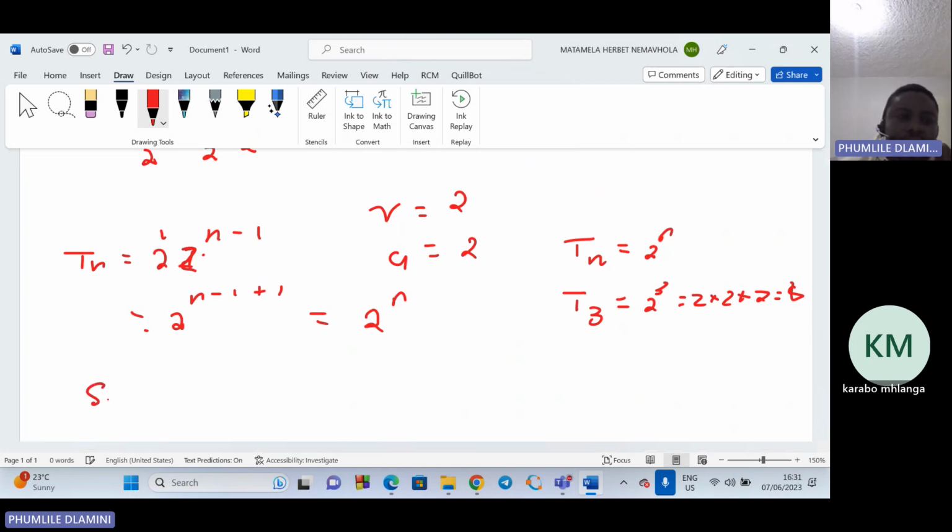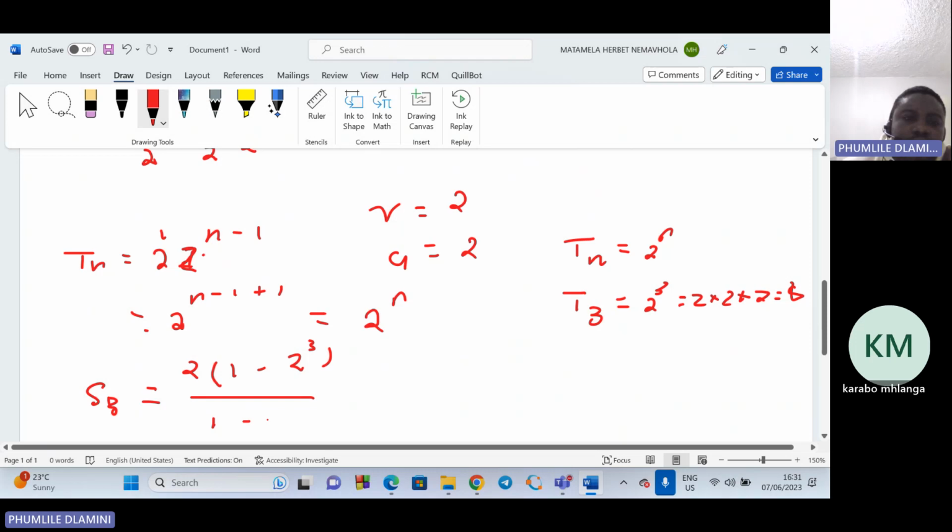For Sn, if you want to find S3, we can say our A was 2. You will say brackets. If we are using Rn, we can say 1 minus, let's start with 1 minus, you will use the 1 from starting from Rn. Our R was 2. It's going to be 2 to the power 3, in brackets, 1 minus our R, which is 2.